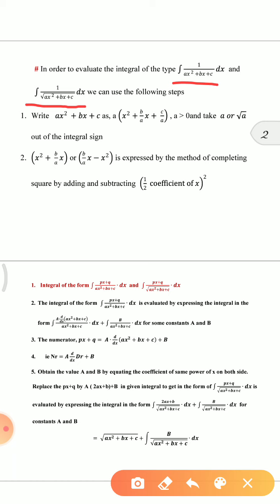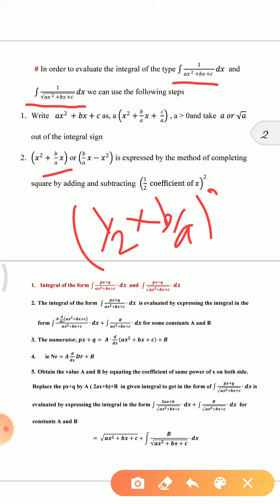The coefficient of x is b by a, so half into b by a, the whole square. You find the third term and take the plus and minus.